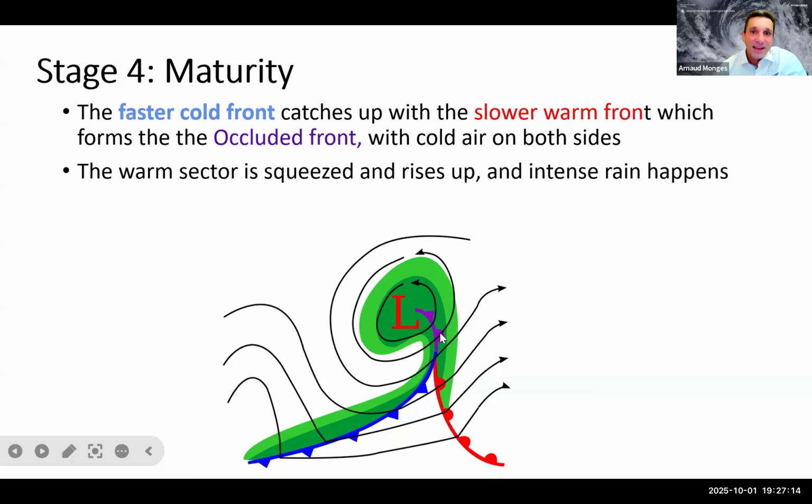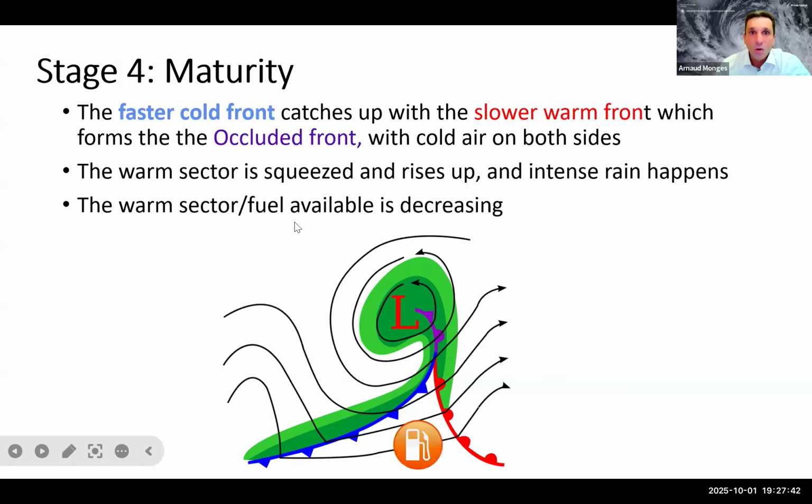What's interesting is that the warm air is being squeezed, and by being squeezed, you can realize that the warm air is actually rising, and there is a lot of precipitation, intense rain, happening in the occlusion front. And the warm air sector is still here, but as you can see, it's decreasing.